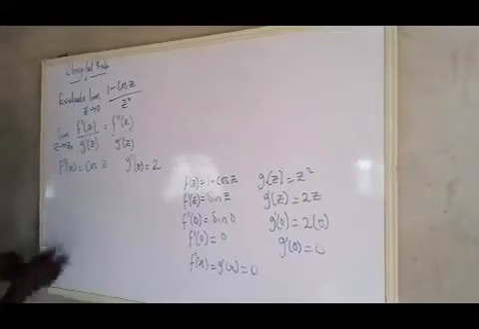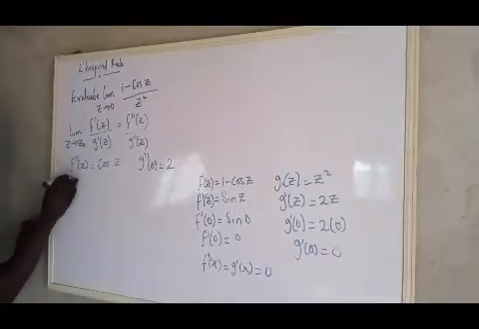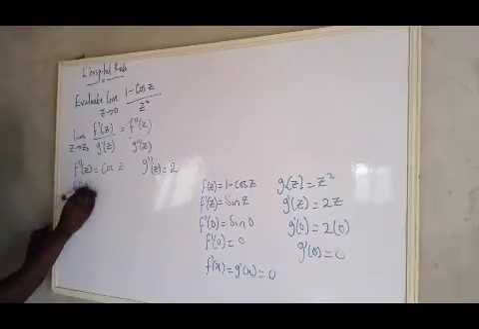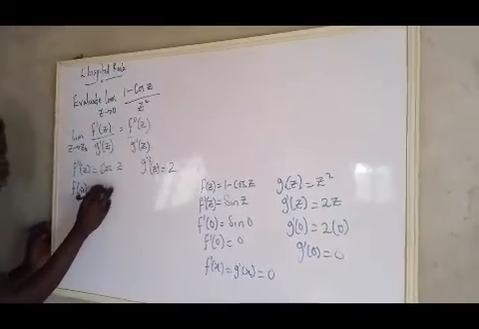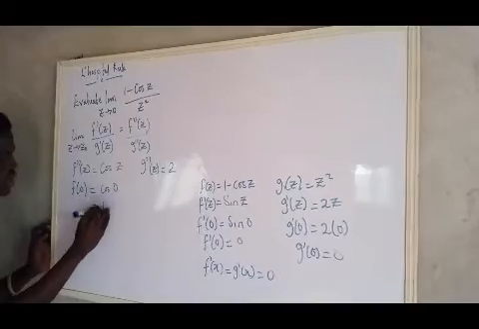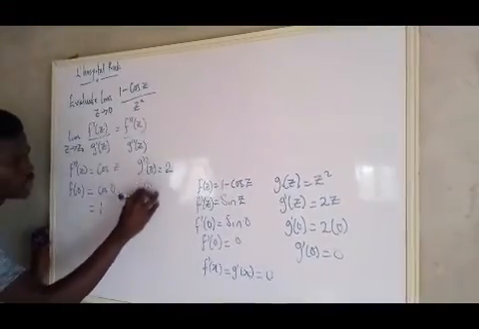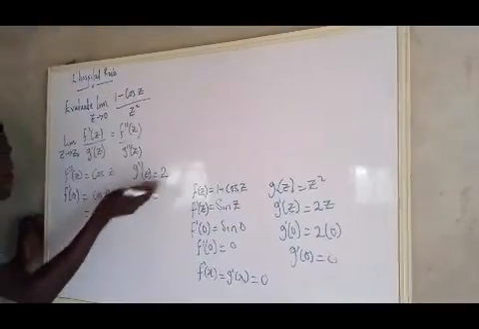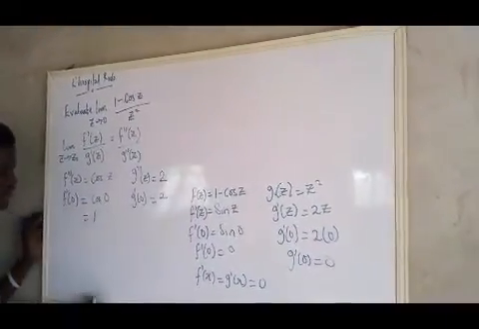Now the next thing to do is to put in our constant. Our limit point is 0, so cos 0 is 1. Now our g prime prime of 0: there's nothing to put in, so it is still 2.